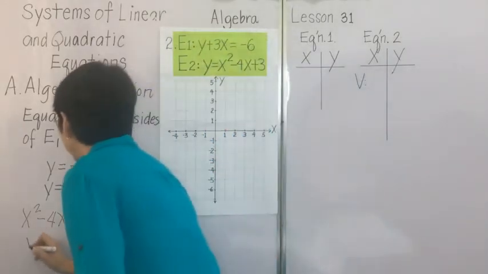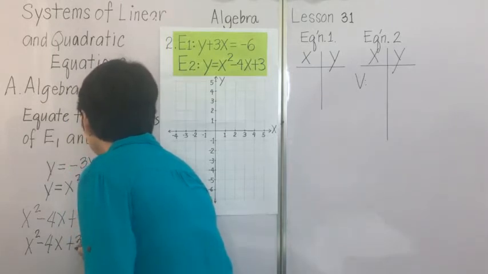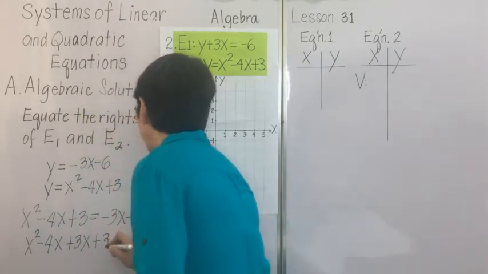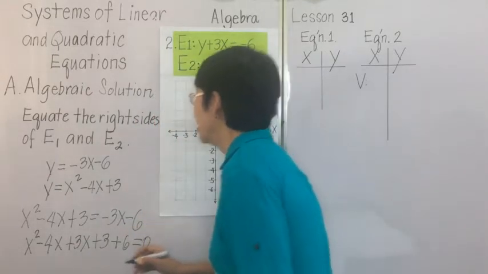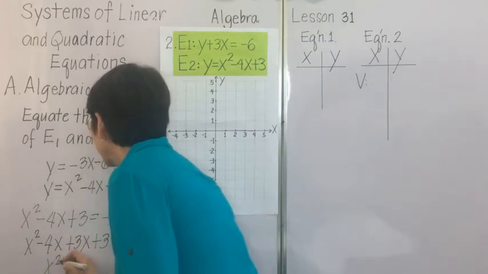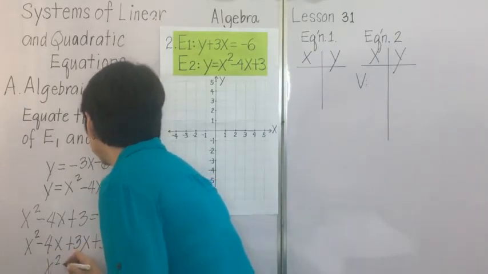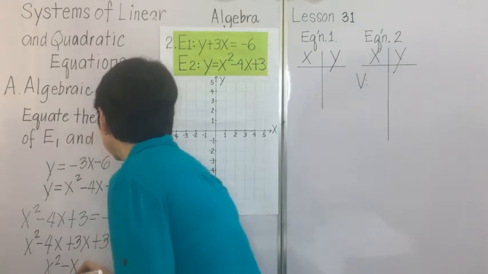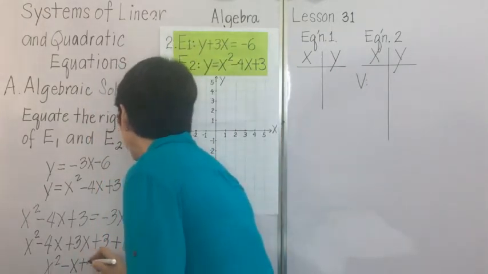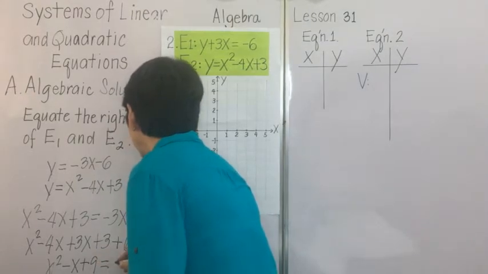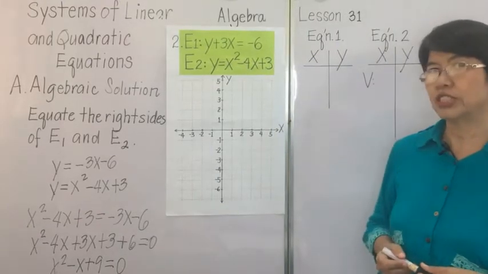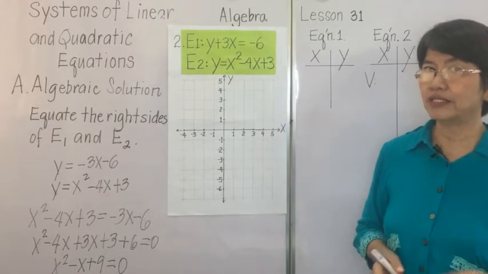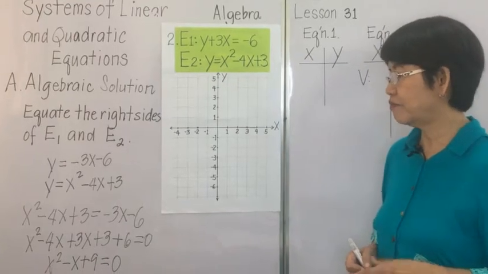So we have x squared minus 4x plus 3x plus 3 plus 6 equals 0, and x squared minus x plus 9 equals 0. But this equation is not factorable, so we will use the quadratic formula to solve for x.